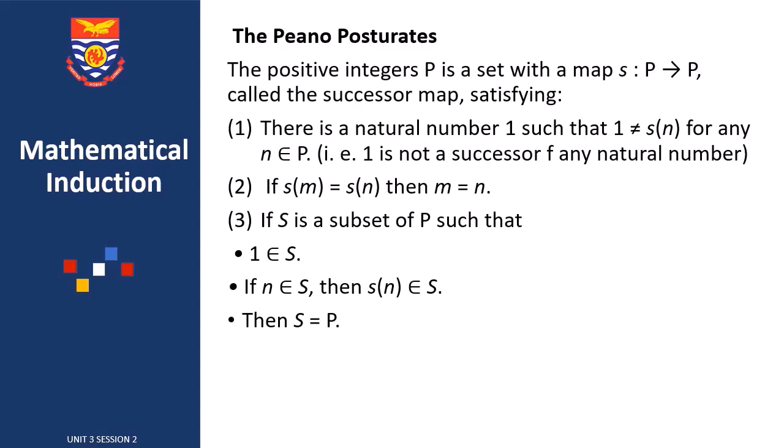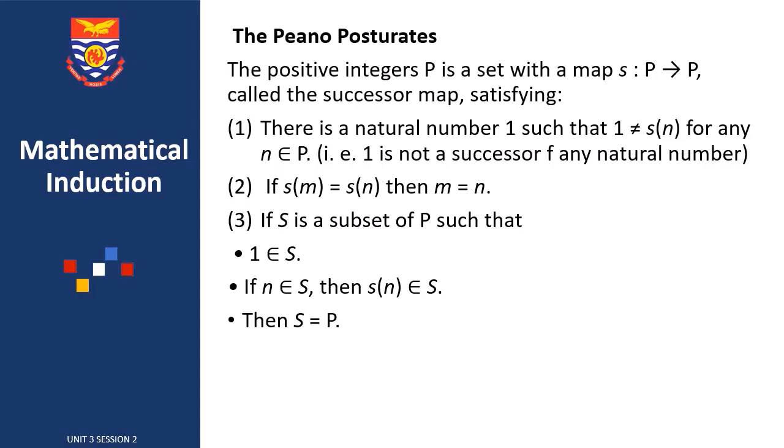The set of positive integers P comes with a map S from P to P, called the successor map, satisfying the following. First, there is a natural number 1 such that 1 is not equal to the successor of any n in P. So 1 is not the successor of any natural number.